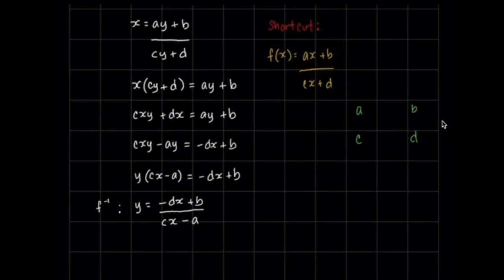So if we're only looking at the coefficients and the constants in an isolated scenario away from the function, pwede nating sabihin na pinagpalit lang natin yung pwesto ni a at d at ginawa silang negative. And that's all we need para makuha yung inverse ng isang function na linear over linear. So the inverse of f is negative dx plus b all over cx minus a.